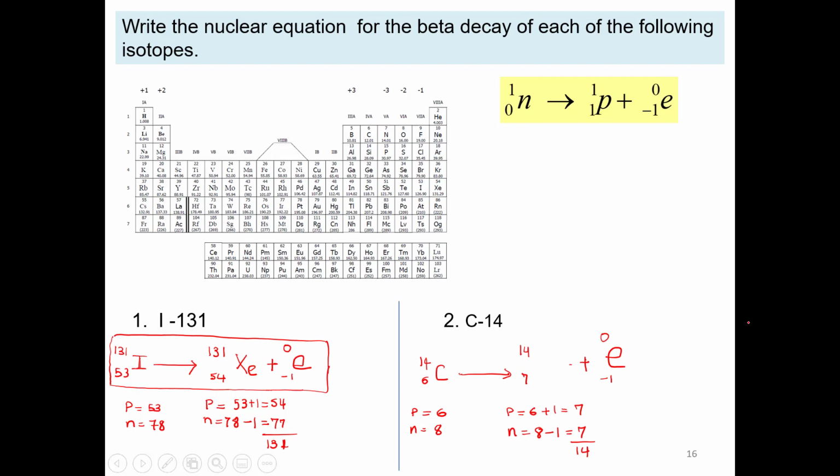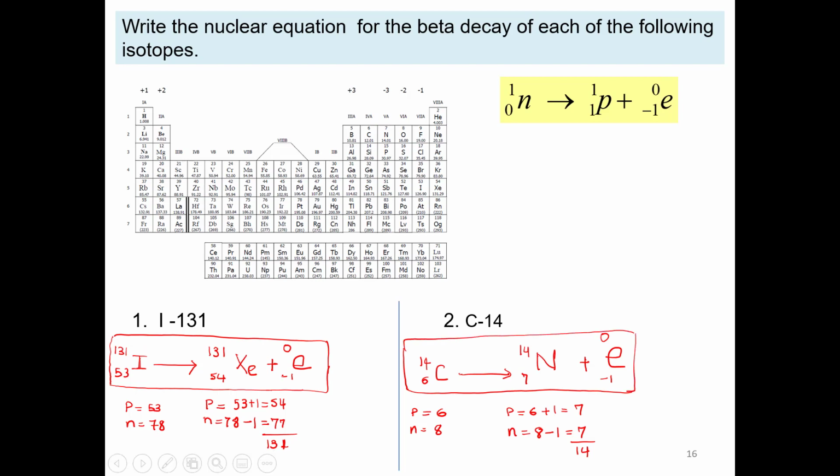Then to know the isotope we have in the products, we will use the periodic table to find the element. The atomic number is 7, which corresponds to nitrogen. This corresponds to the equation of the nuclear reaction in this case.